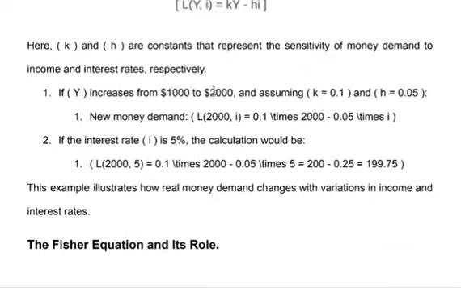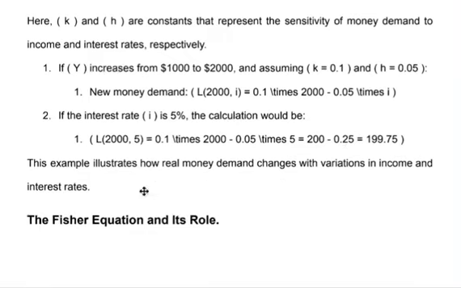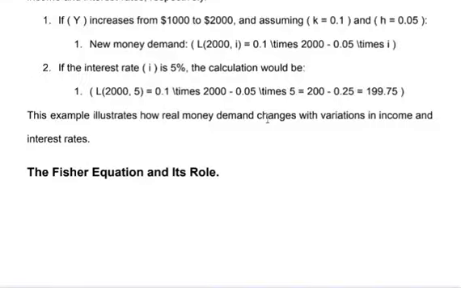If Y increases from $1,000 to $2,000, and assuming K equals 0.1 and H equals 0.05, new money demand L(2000, I) equals 0.1 times 2000 minus 0.05 times I. If the interest rate I is 5%, the calculation would be L(2000, 5) equals 0.1 times 2000 minus 0.05 times 5 equals 200 minus 0.25 equals 199.75. This example illustrates how real money demand changes with variations in income and interest rates.